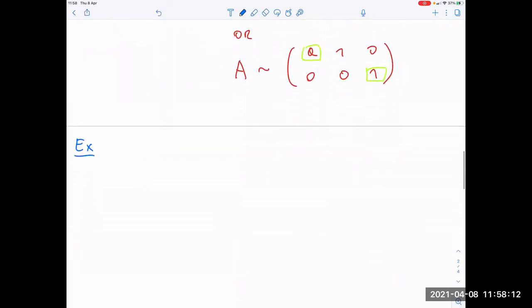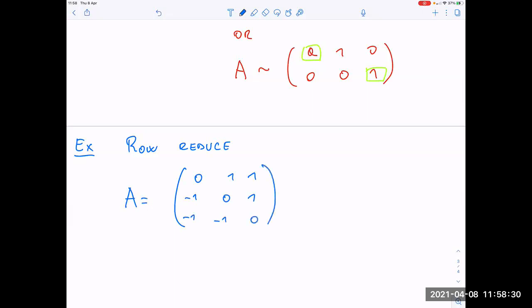So say we want to row reduce this matrix here: 0, 1, 1, minus 1, 0, 1, and minus 1, 0. First, you have to ask yourself, is this matrix row reduced or not, right?